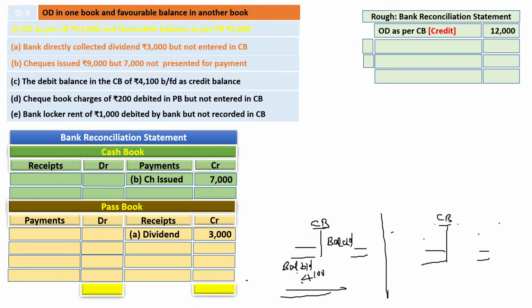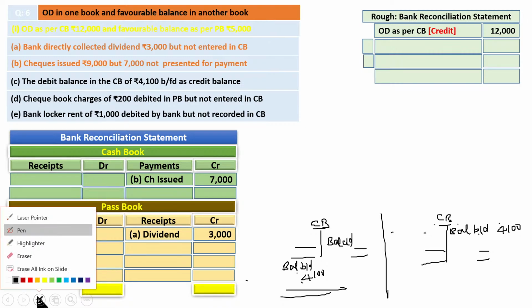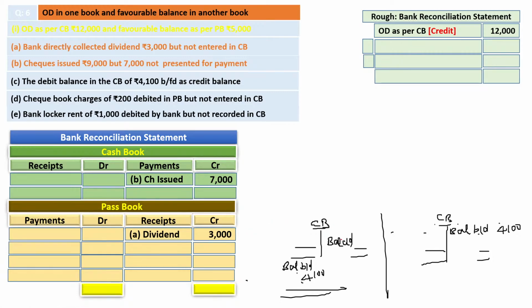Rather than posting that value in the debit side as balance brought down, they posted the balance brought down here in the credit side. So they have totally omitted it. This is total omission. If they have omitted this value, what does it mean?